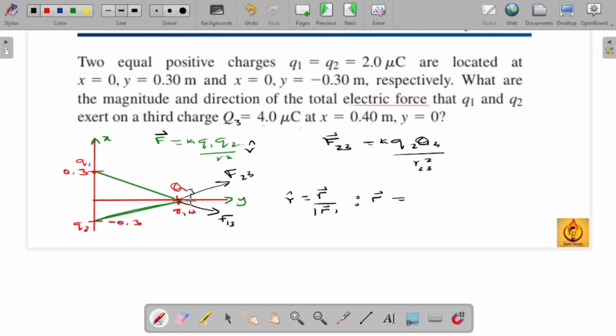Do you remember, guys, how do we find vectors? From this charge to this charge, how can you walk such that we have a vector? How can you walk to Q3 so that we have a vector? r is the distance vector in this case. Aren't you going to use Pythagoras?